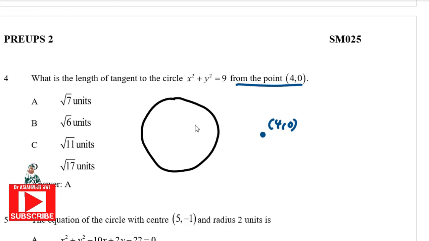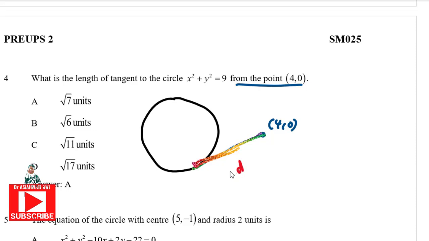Then the length of the tangent. Okay, this is the length of the tangent, and this is named P, the length of the tangent.